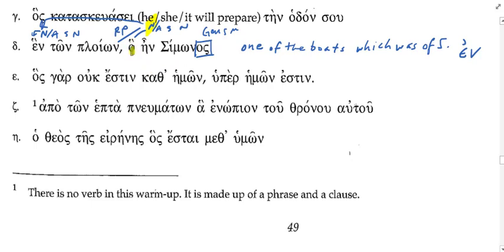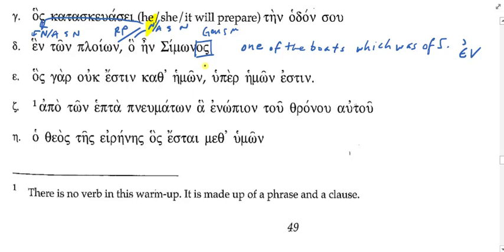So this relative pronoun's function determines its case. Its antecedent determines its gender and number. All right? So how do I know Simon's not the subject? Because he's in the genitive case. That's right. So ho is nominative. One of the boats, which boat was Simon's?